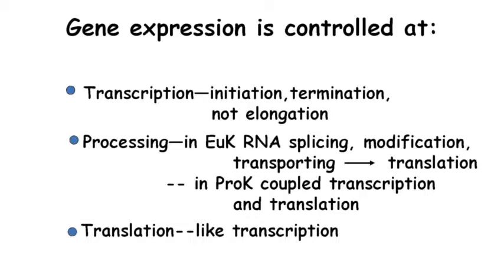So there is a level of control in transcription, and there is also processing in eukaryotic RNA: splicing to remove the intron, modification, transporting, and translation. Each gene has a specific rate, different gene, different regulation.